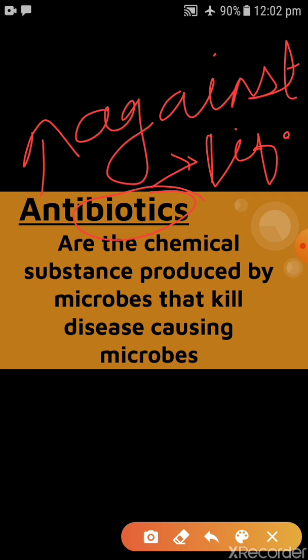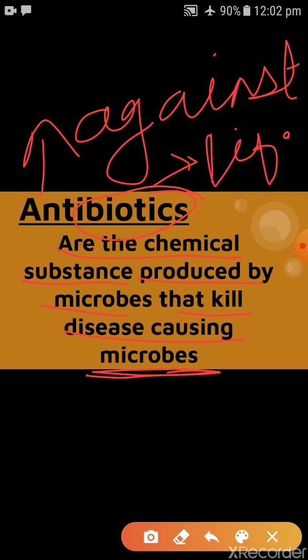Its exact meaning is we are dealing with bacterial infection. So we can say that antibiotics are the chemical substance produced by microbes that kill disease causing microbes. Those diseases which are caused by microorganisms, antibiotics are used to kill.